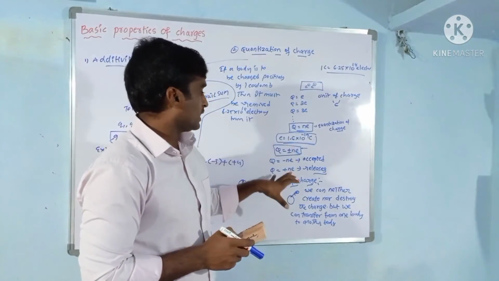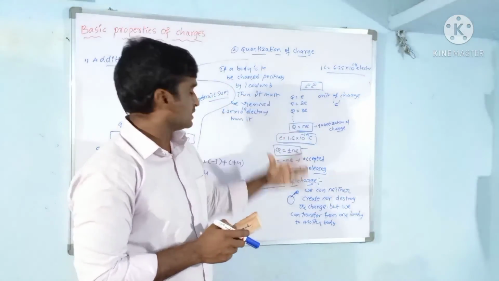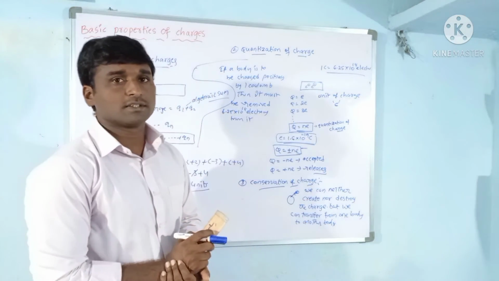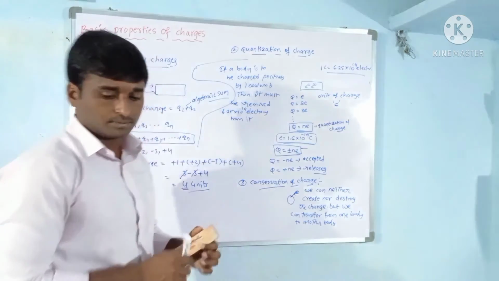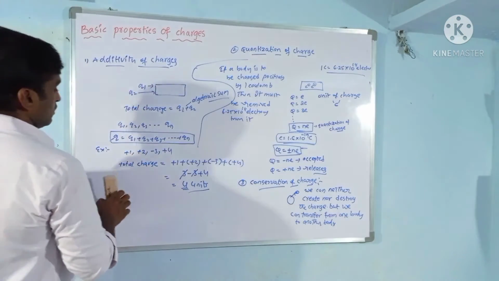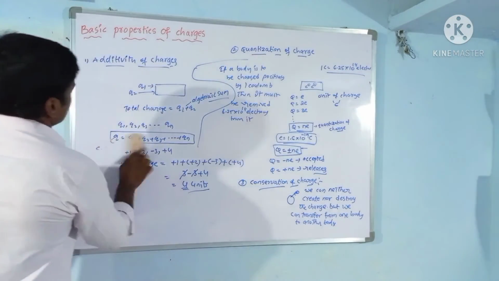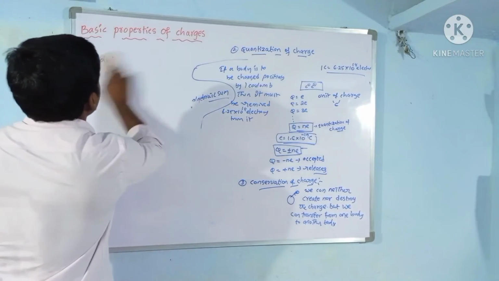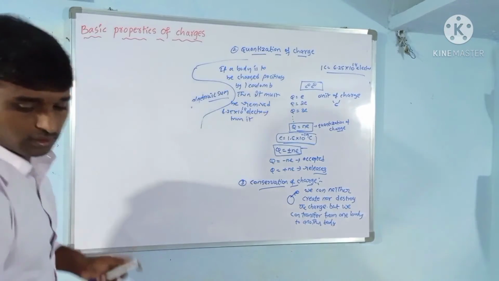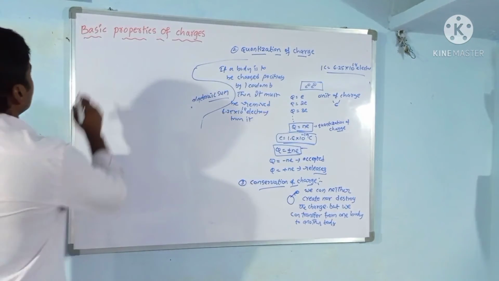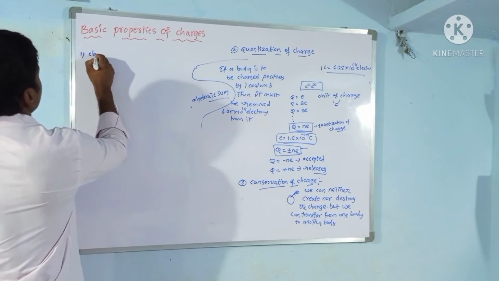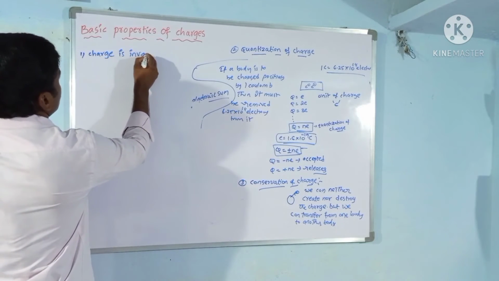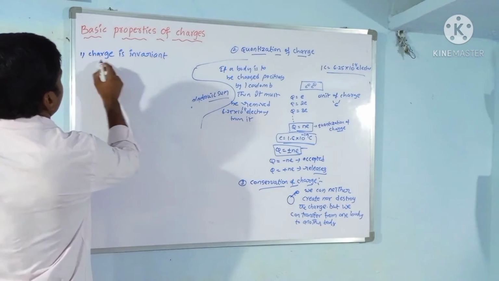So this is the quantization of charge, another one is conservation of charge. The last property of charge is invariance. Charge is invariant. That is the last property of the charge. Charge is invariant.